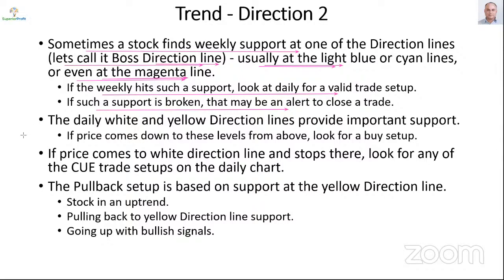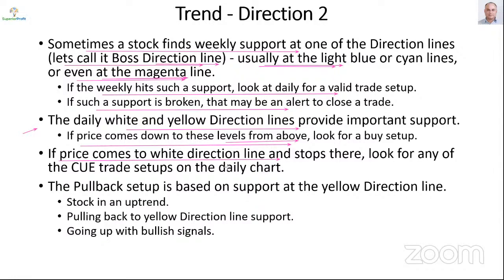Now, of the slower direction lines, the white and yellow lines provide very important support. If price comes to these levels from above, then look for a buy setup. Now, the white direction line is slower. If price comes to the white direction line, that means price has dropped significantly relative to its peak.